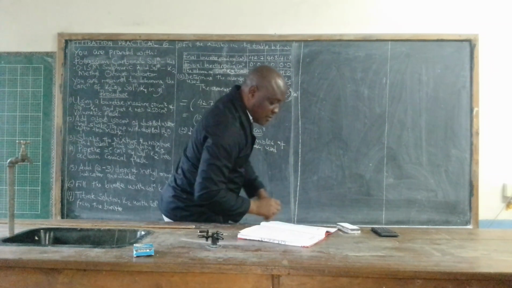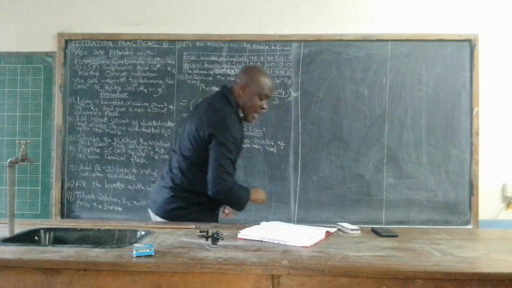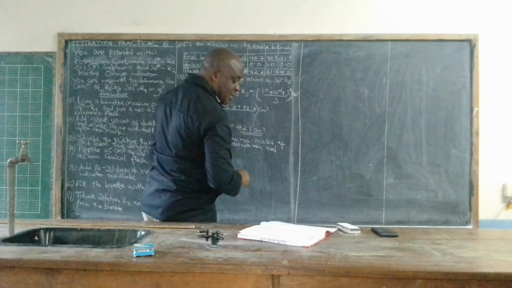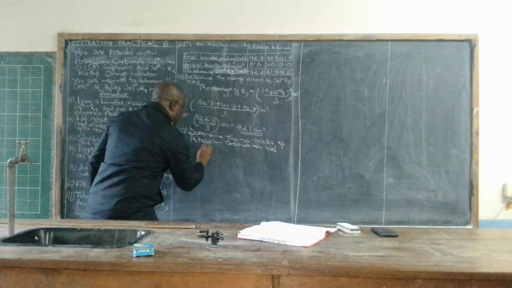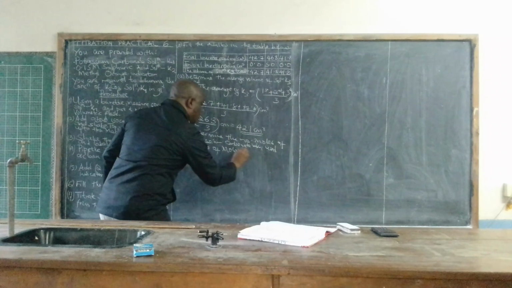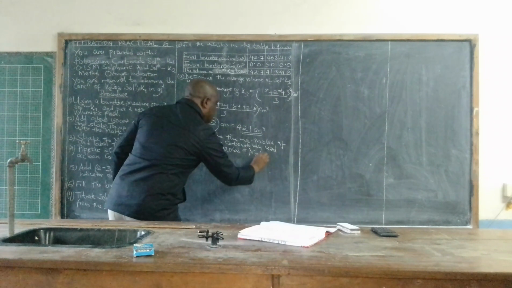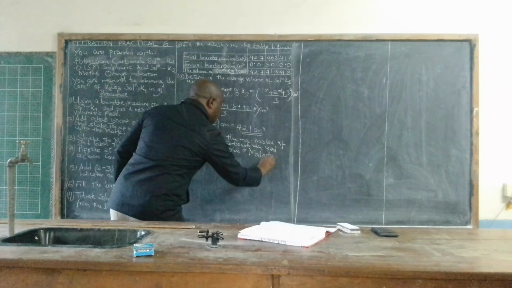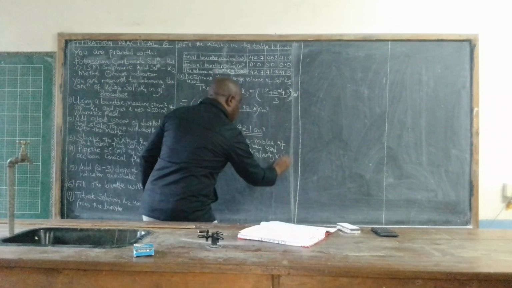So in this case, we are just going to say number of moles is equal to molarity times volume. Number of moles is equal to molarity times volume.